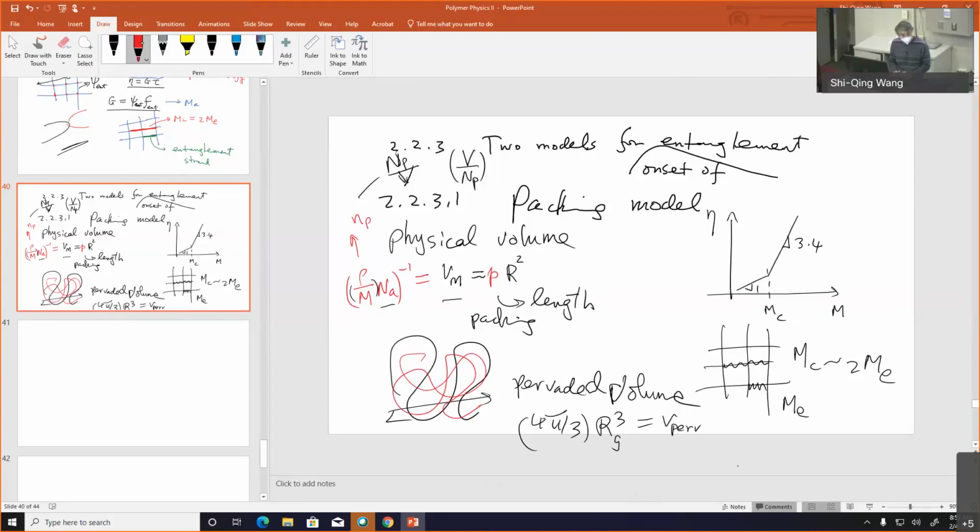And two things that test, well, at least one thing that tests your intuition. First is, as my chain length increases, this volume increases because this goes as n to the 3 halves, right? Because R is square root of n.